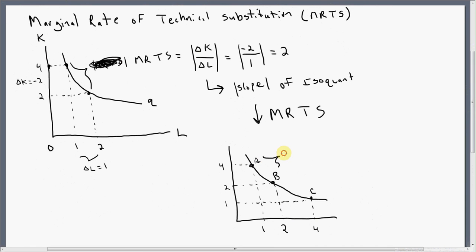Between A and B, like before, it is just 2. 2 units of capital can be replaced by adding 1 more unit of labor, holding output fixed.